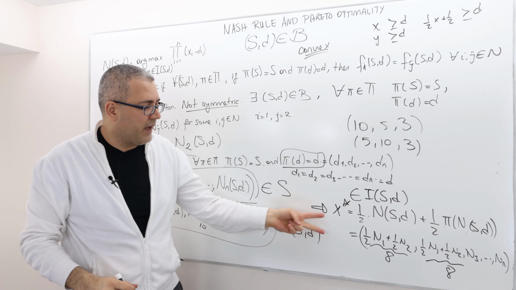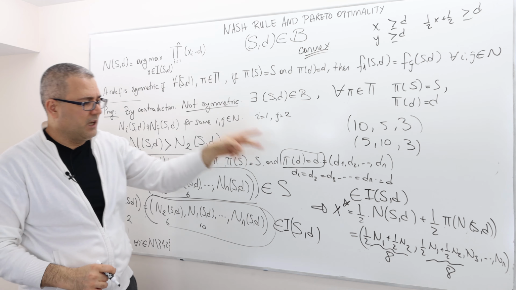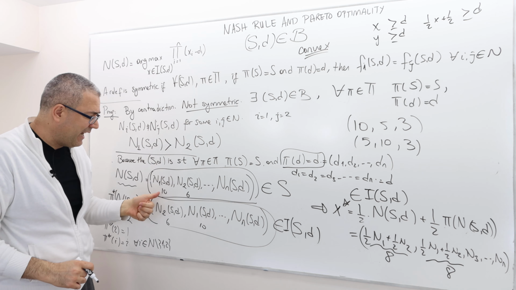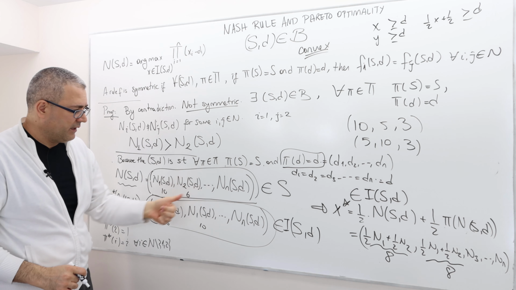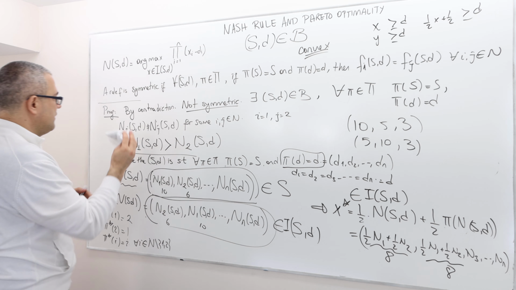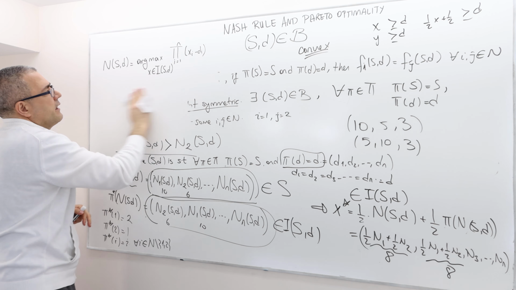Now I need to show that this multiplication, when I use this payoff vector, is going to give us higher than those payoff vectors. So let's show that. It's very quick, I guess.